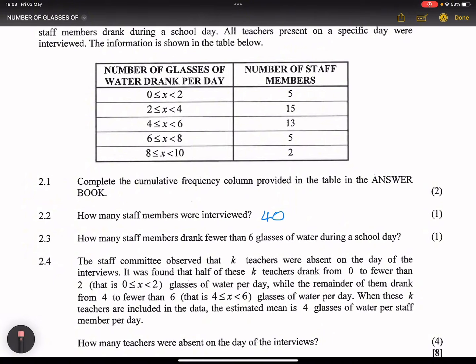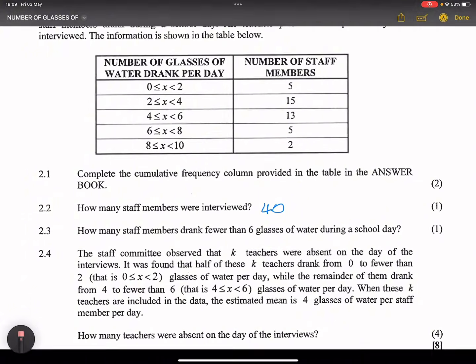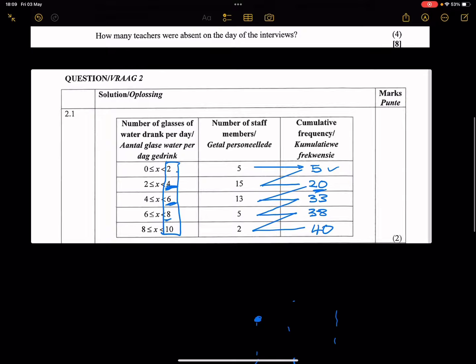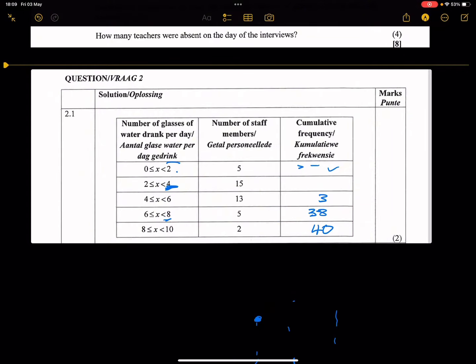The next one, they say, how many staff members drank fewer than 6 glasses of water during a school day? Let's go to our table. It's much easier to look at it from there. Remember, I just removed those values. So that was 5, and we said that was 20, and this is 33.